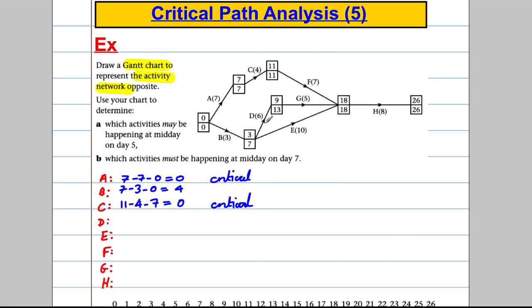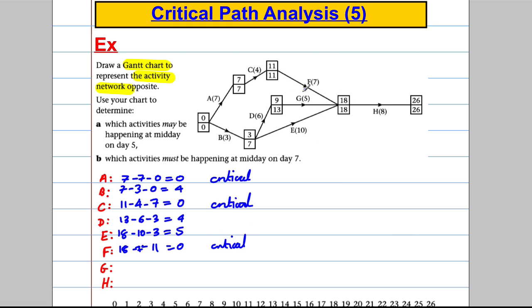D, it's 13 subtract 6 subtract 3, which is 4, so it's not critical. E, 18 subtract 10 subtract 3, which is going to equal 5, it's not critical. F, 18 subtract 7 subtract 11 is 0, so this one is critical.